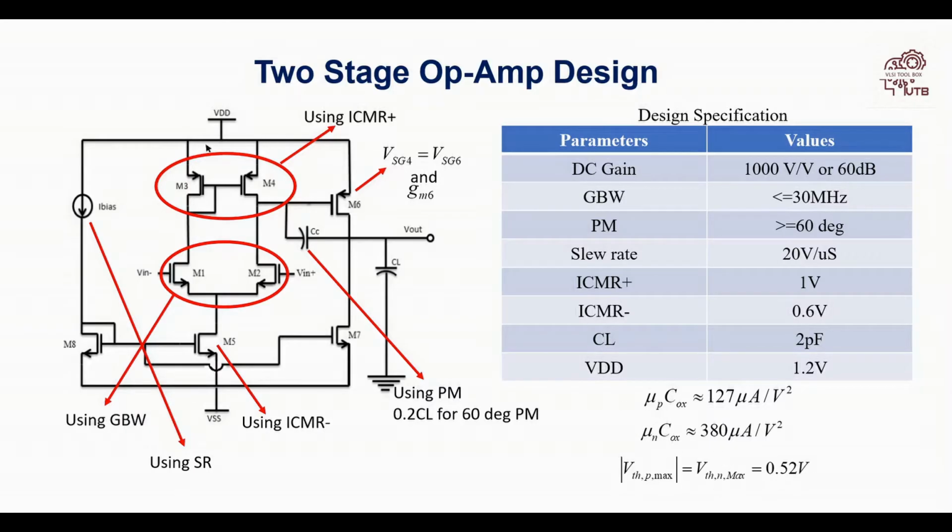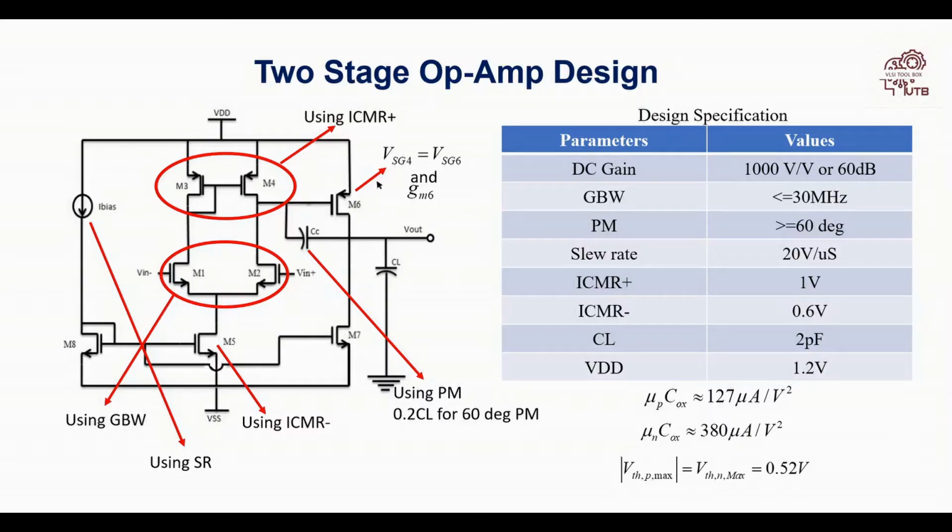And I have marked these MOSFETs particularly to make you better understand that this M1 M2 can be found out using the GBW specification. Using the slew rate specification, we can design our required bias current. Using ICMR minimum, we can design the size of M5, and using ICMR positive, that is maximum, we can design the size of M3 and M4.